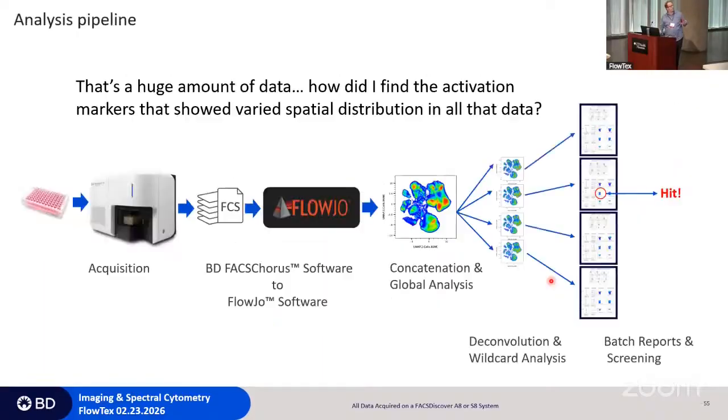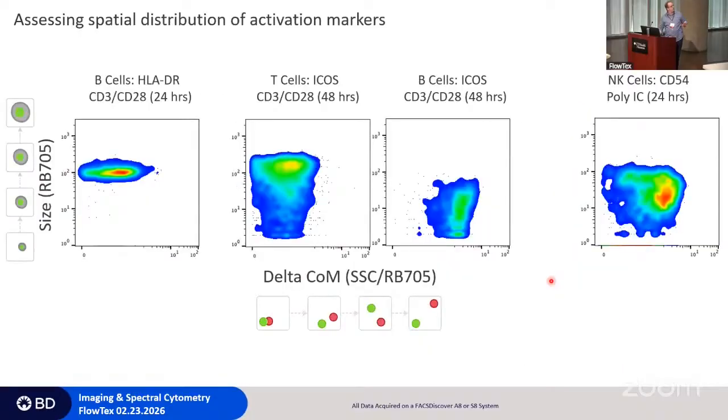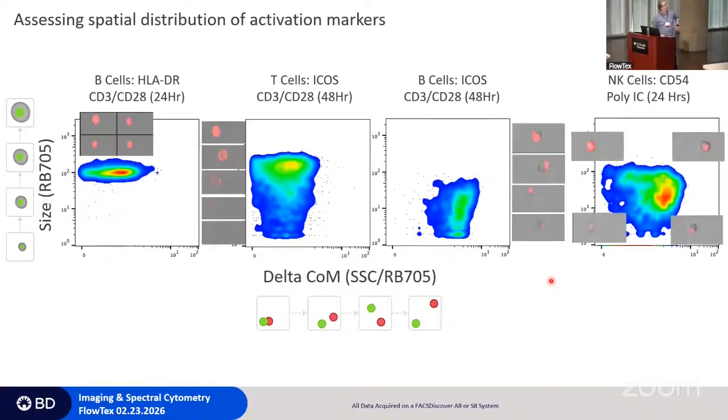And so what this corresponds to: the ones on the left are really uniform, bright expression. For ICOS, it's actually a range, and you can see the cell size changes too. The cell size on the bottom gives you really dim but uniform expression, and then as you move up, it gets into that bright, big cell.